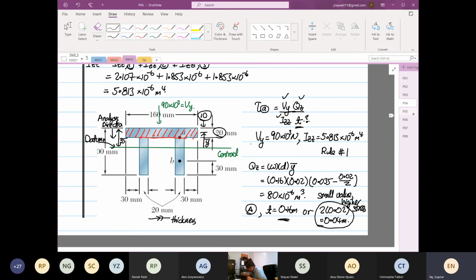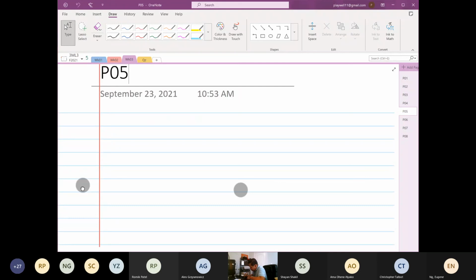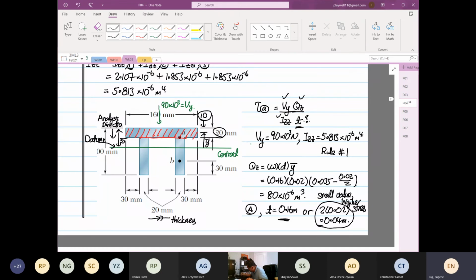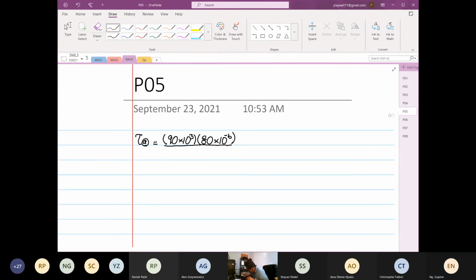Okay? So the shear stress at point A is equal, so the V is 90 times 10 to the power 3. The Q is 80 times 10 to the power minus 6. The I, I can't remember, I is equal to 5.813.